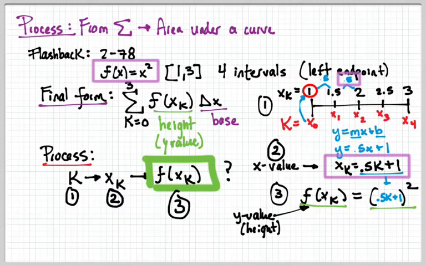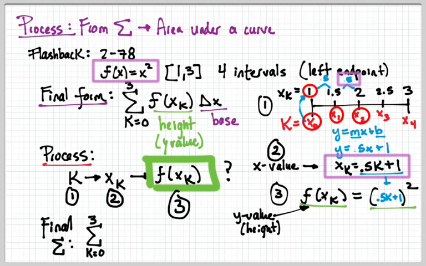So our final sigma will look like this. So sum of, now we're doing left, so we're going to start at k equals 0, at x of 0, and we're going to end at 3. And the reason we do that is because we are only using the left endpoint rectangles, so we don't use x of 4, just those 3. So there's still 4 rectangles, it's just we're moving from left to right.